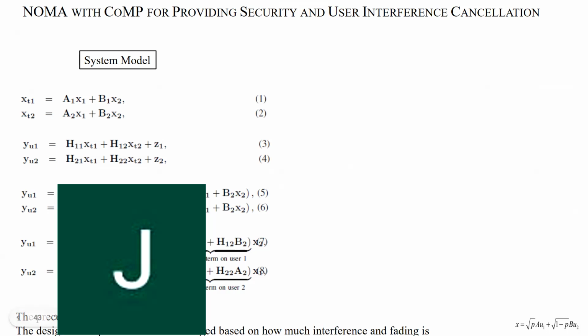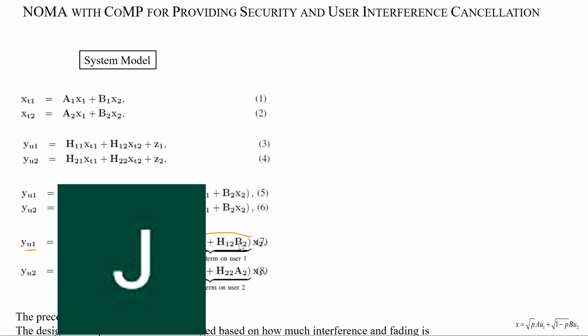So as you can see here, we have this term for x1 and this term for x2. Now I'm talking about the received signal at user 1. Now the received signal at user 1, I'm interested only in receiving x1 data as user 1, because this is my data. x2 is not my data.